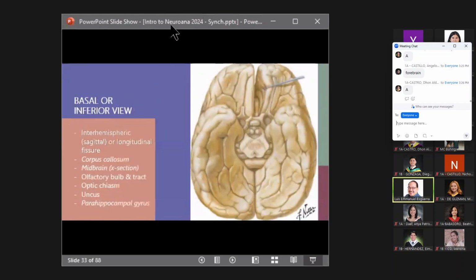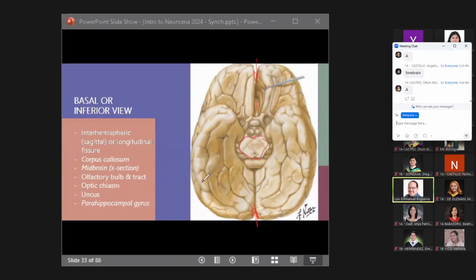So, inferior view, there's another fissure that you haven't seen, but it's there. This is the midline interhemispheric or longitudinal fissure, dividing the right and the left. You can barely see the corpus callosum there. This is a cut section of the midbrain.